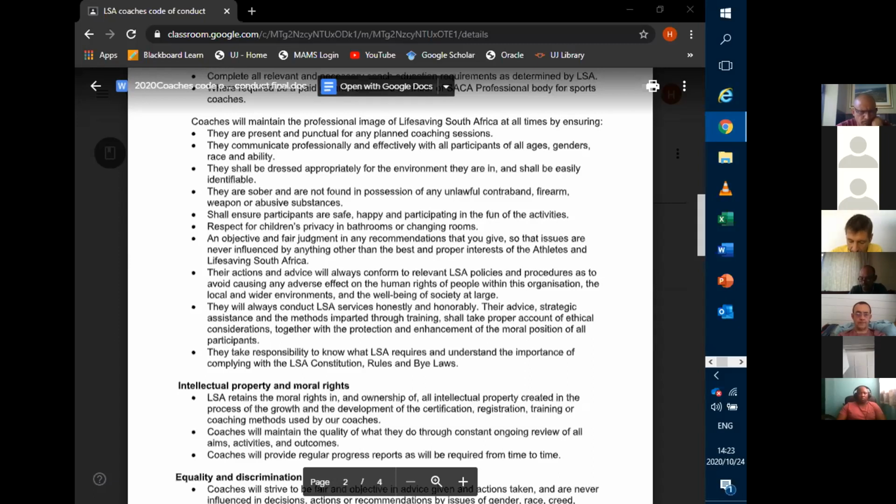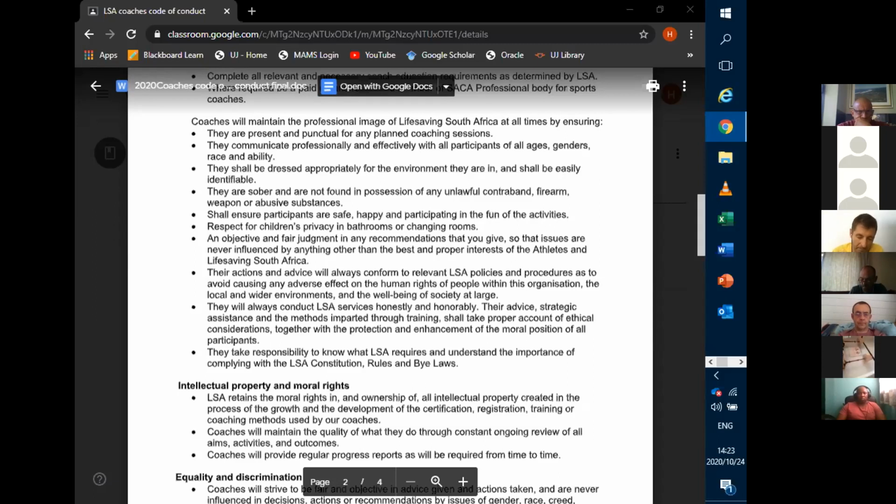Respect for children's privacy. You see, every time it comes back to what I said in the beginning, that we have to maintain only appropriate physical contact, and our police clearance must be really a police clearance, that we are respectful people.